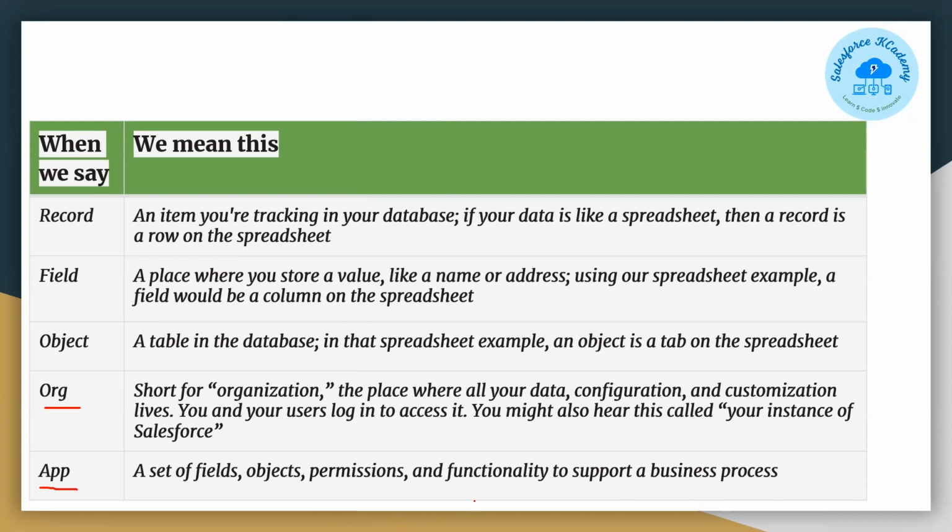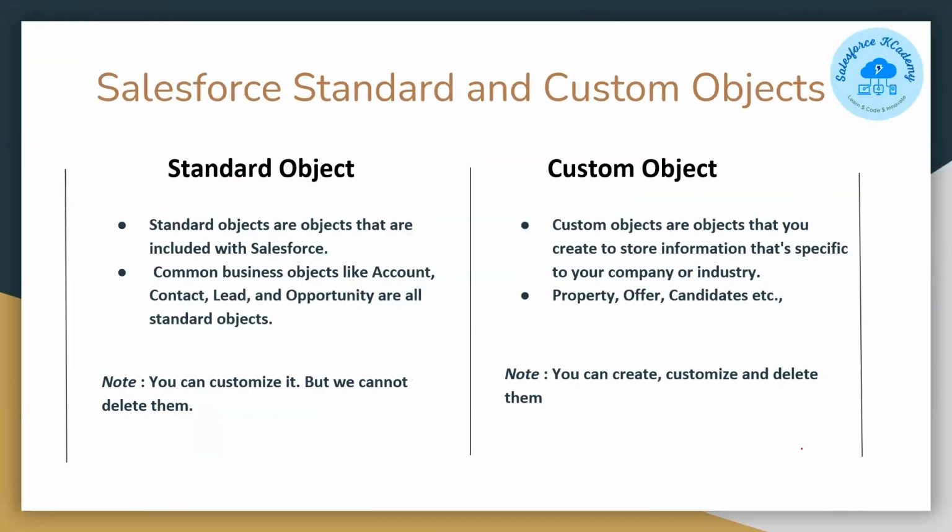We'll come to what an app is when we start the Salesforce platform basics chapter, I mean, in the next class. But for now, just remember that an app contains different objects, not only one object, and different functionalities, not only the data. So this is what it is.